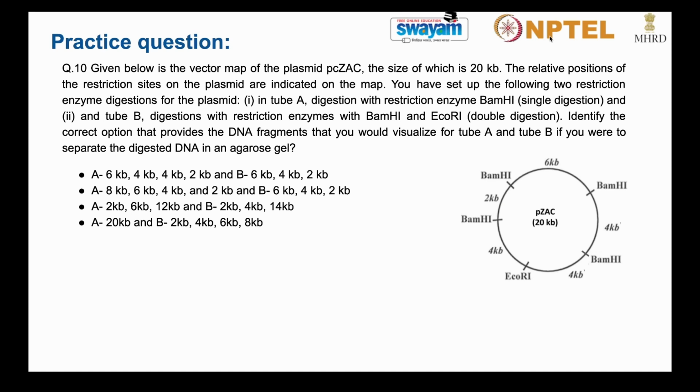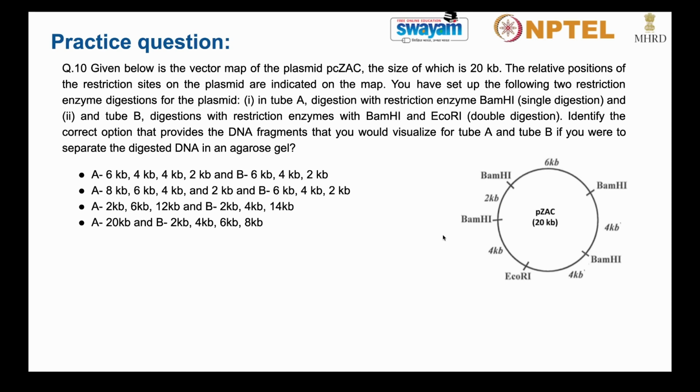Now you have to identify. In this figure they have given you the positions where these enzymes digest or produce the cut. So now you have to visualize this, and you have to tell what would be the number of DNA fragments that would be produced and what would be their length. Now these are the given options, and you have to see this and answer this question.